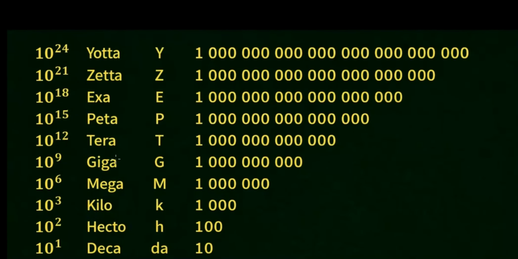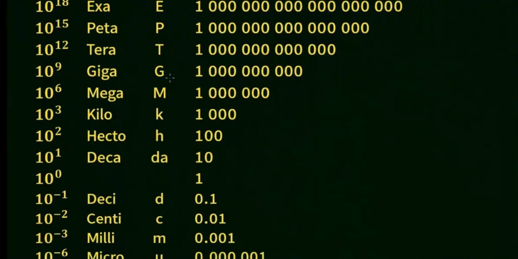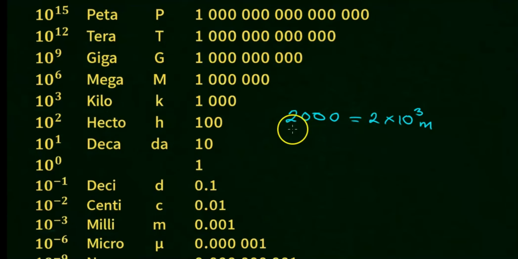Take note of the signs, because these signs appear in front of the unit. For instance, if you have 2000 meters, you can see that 2000 can be written in scientific notation as 2 times 10 exponent 3 meters. 10 exponent 3 has a prefix we call kilo.